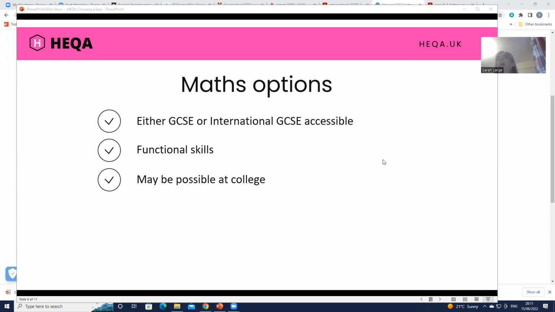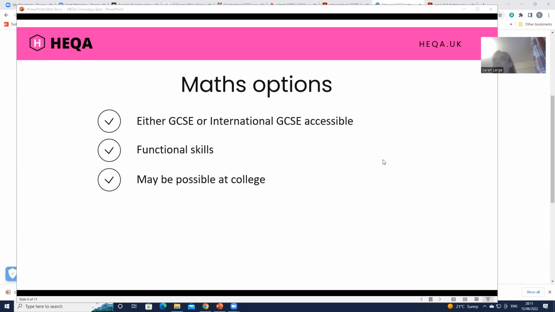IGCSEs, very few people do Cambridge. Cambridge maths feels slightly harder from the grades we've seen. When people talk about IGCSE maths, they tend to jump to Edexcel, which is the most common option that home educators do.